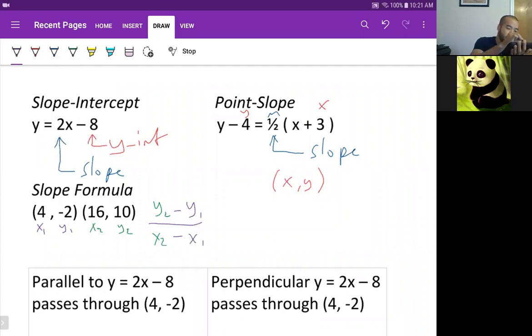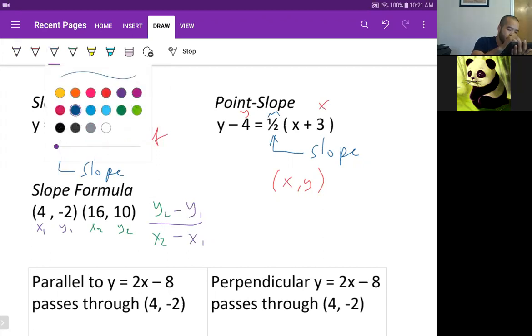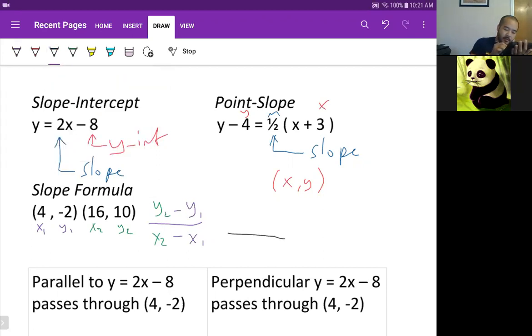For this particular example, y2 is 10, x2 is 16, and then y1 is -2, and then x1 is 4.